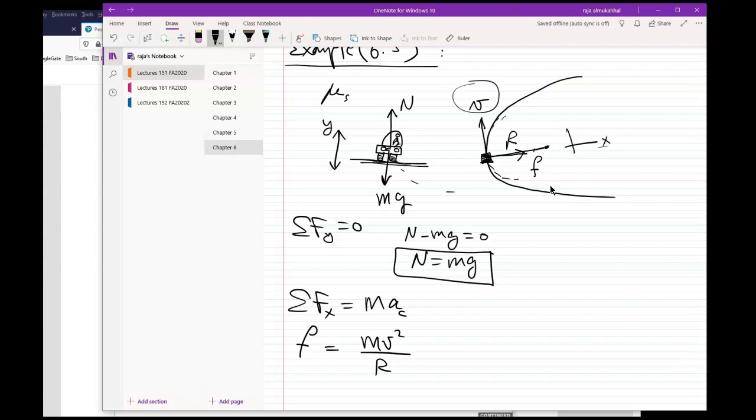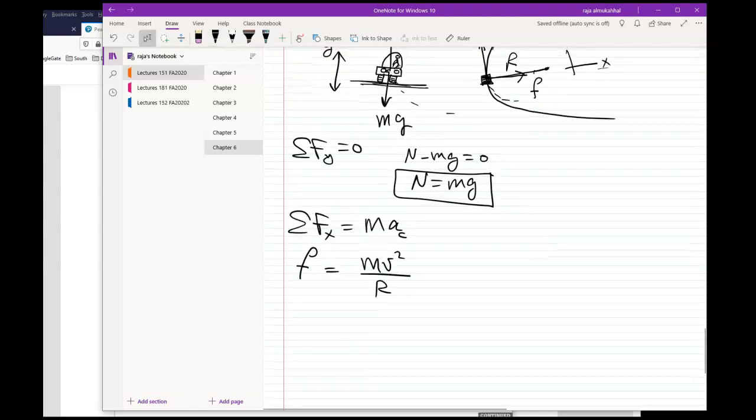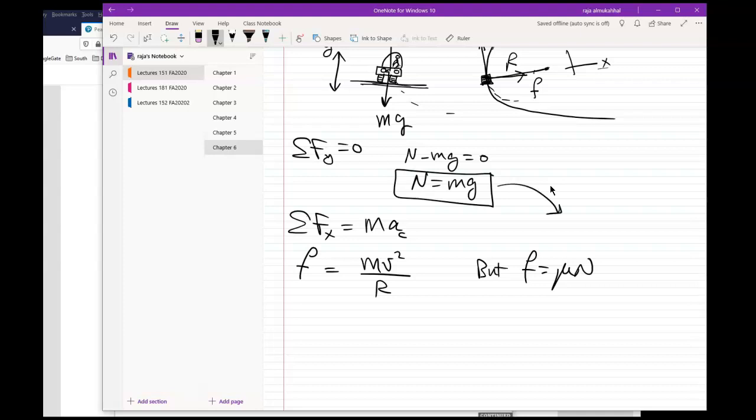That's the velocity right here. Now we know that F is equal to mu N, but as you can see from here, N is equal to mg, so F is equal to mu mg.